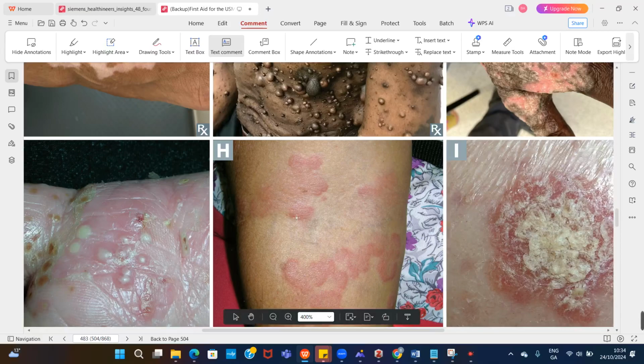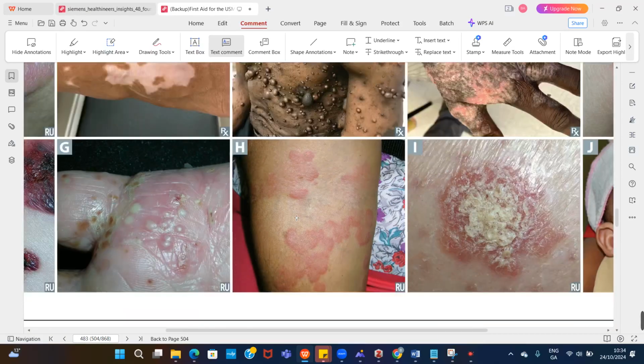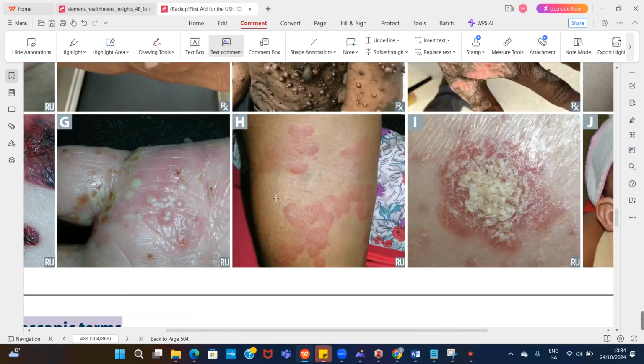Once it looks like this and it's transient, it's called a wheal. An example of a wheal is urticaria. We are going to get there. So a wheal is a transient lesion that is most of the time papular, or sometimes plaque. It is raised and it is transient.